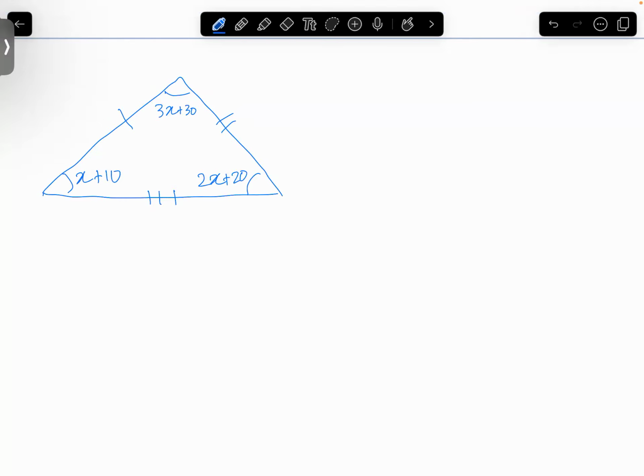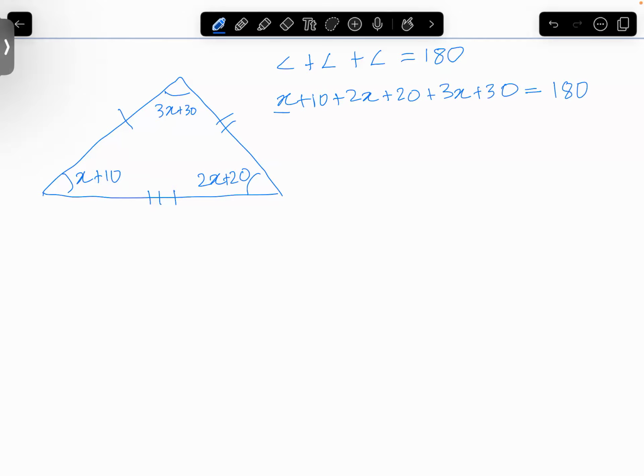Now, while this may seem difficult because there are so many numbers and x's have different values, we still just follow the same rule, that all 3 angles add up to equal 180. So if we add x plus 10, 2x plus 20, and 3x plus 30, this is equal to 180.